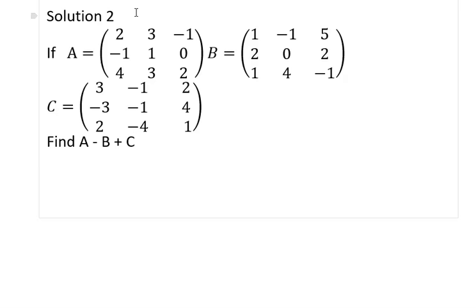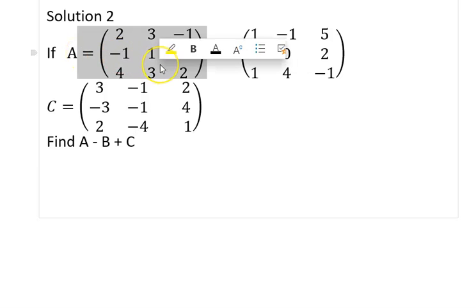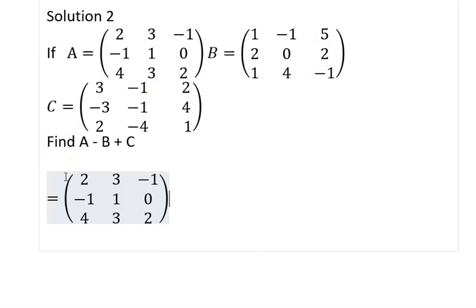Now, don't forget we are adding and subtracting the corresponding elements. So we start from A. This is A minus B. What's our B?